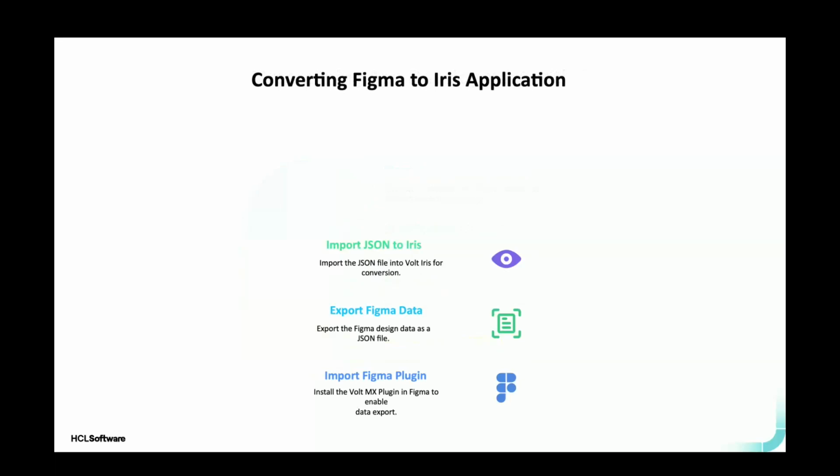You import that JSON, bundled in a zip file, into Iris, and Iris basically passes it onto our model, which converts the raw structure that's part of the JSON into a corresponding Iris project structure. And then you finally have the application.